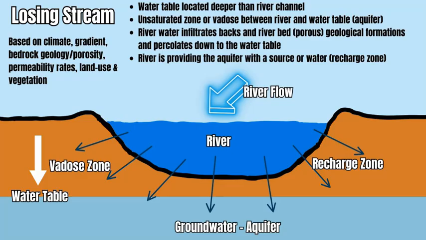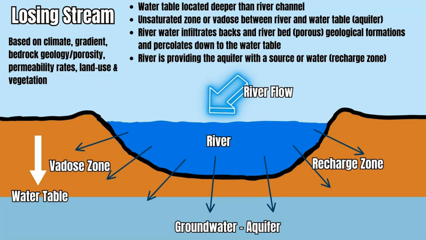A losing stream is our first type of interaction between the surface river and the groundwater, the aquifer. And this is going to involve both the unsaturated zone, the vadose zone, and also the saturated zone, the aquifer. Now the groundwater is located far down deeper than the actual river channel. So there's a gap between the riverbed and the water table, as shown in the diagram.